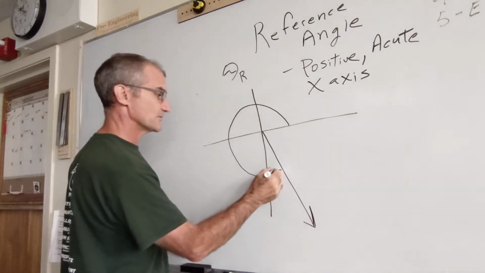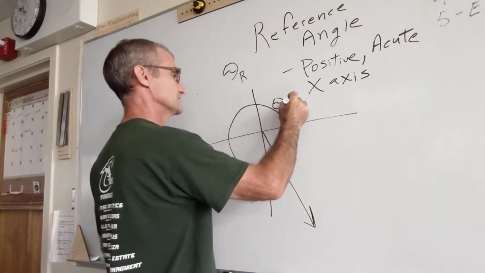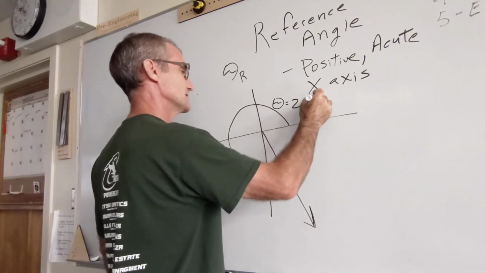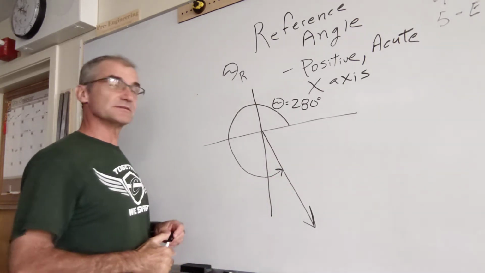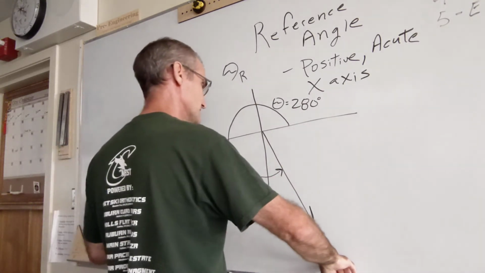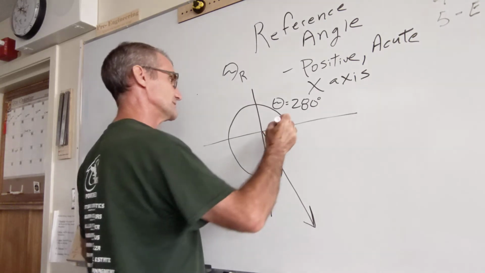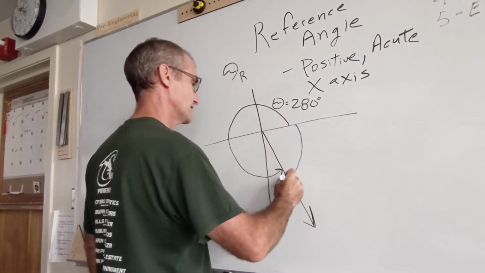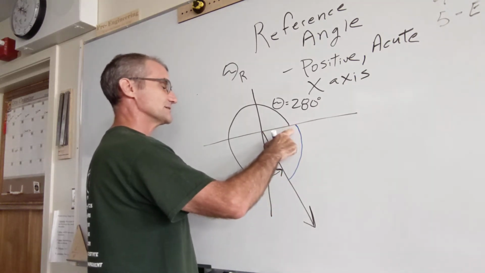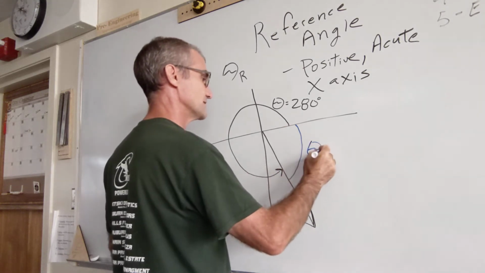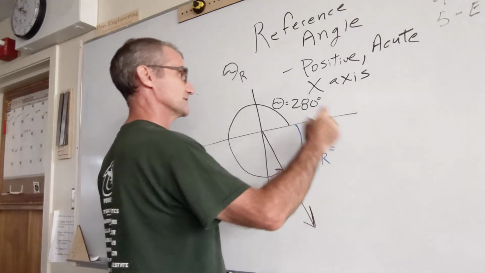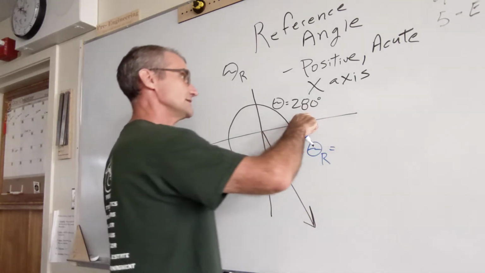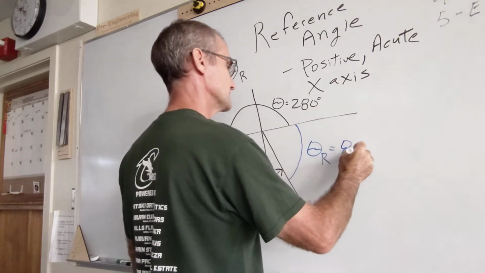So my angle, theta, is equal to 280 degrees. My reference angle is always back to the x-axis. So my reference angle is going to be this angle right here, always back to the x-axis, positive and acute. Theta sub r is equal to 360 minus 280, or 80 degrees.